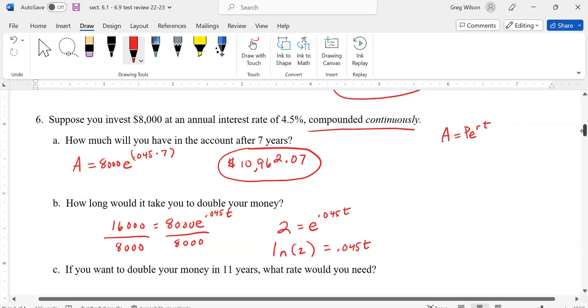And that's going to be divided by 0.045. So you're just basically doing this algebraically. And we'll round to the nearest tenth, about 15.4 years.